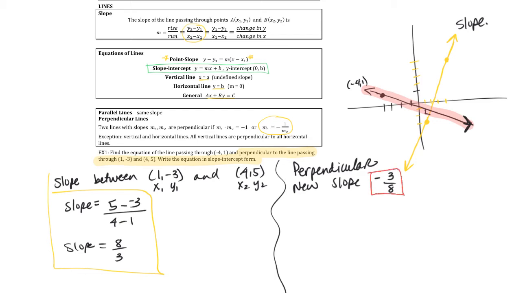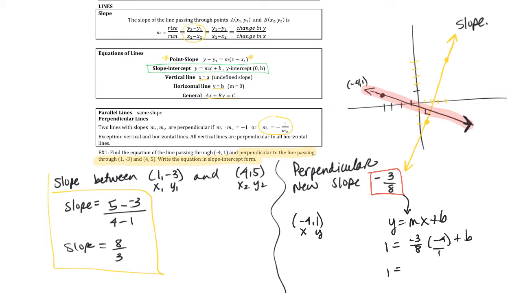Okay, so that's great, and now I also know that it goes through the point -4, 1. We can always use y equals mx plus b, and we're going to plug -3/8 in for m. I have y is 1 and x is -4, and I'll solve for b.